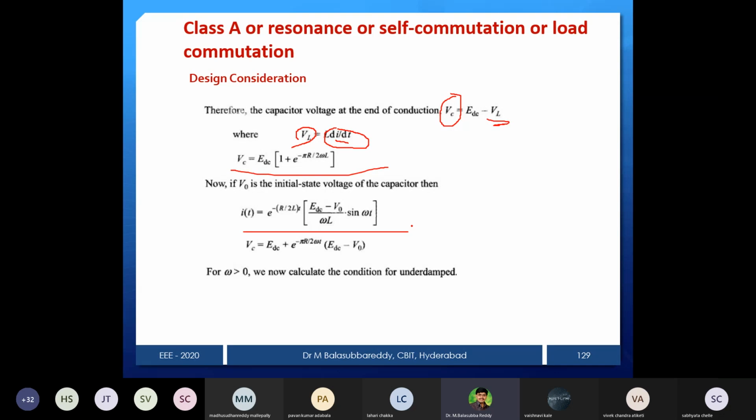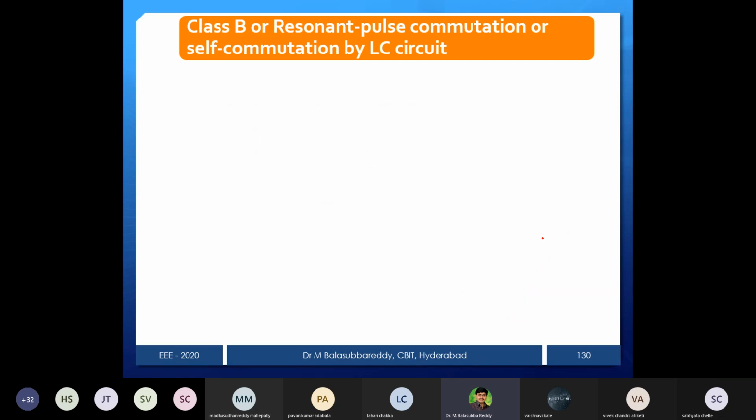Now calculate the condition for underdamped nature. From this, R is equal to root of 4L by C. Similarly, you can derive for the capacitor in parallel with the load resistor; the voltage equation will be modified, and you can simplify it.